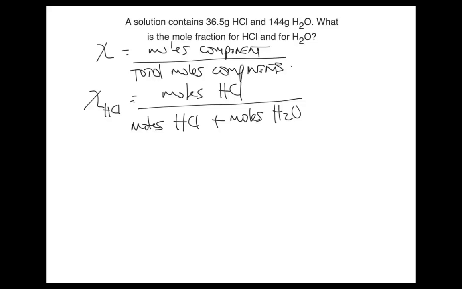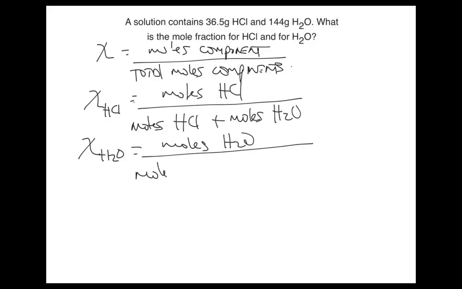So if we want to determine also the mole fraction of H2O, this will be equal to the moles of H2O divided by the moles of HCl plus the moles of H2O.